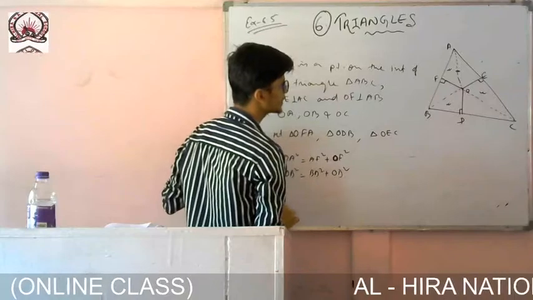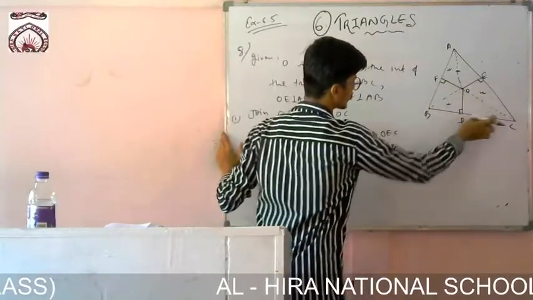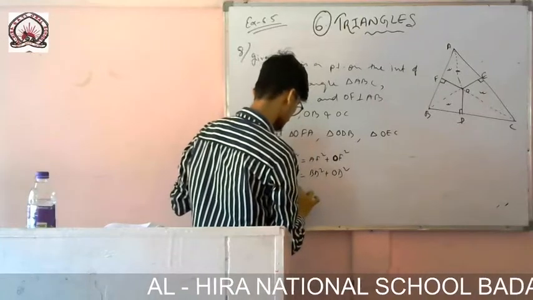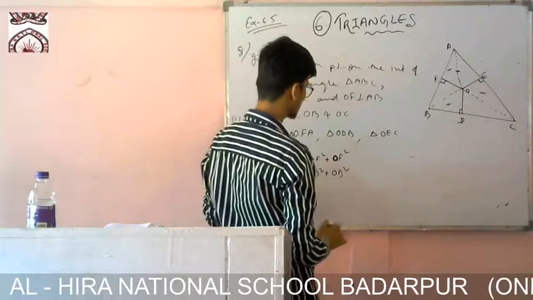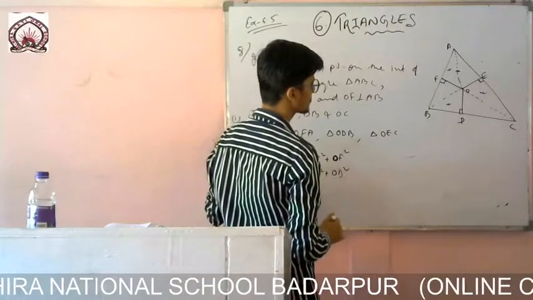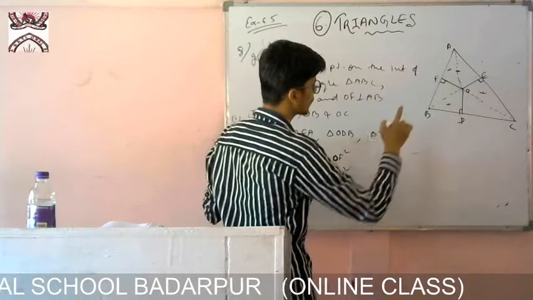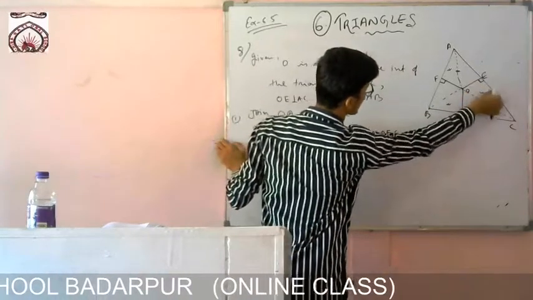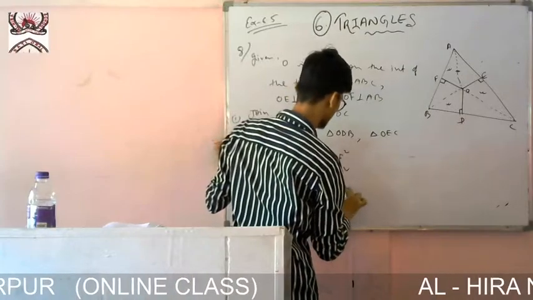And the third one, this is the 90 degrees, so this is the hypotenuse. OC square is equal to OE square plus CE square, or CE square plus OE square.